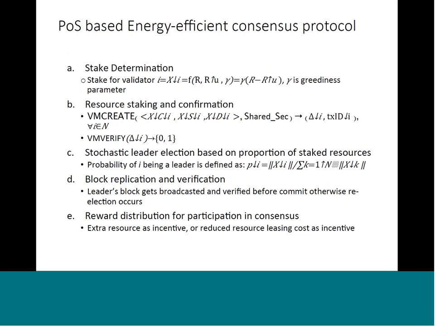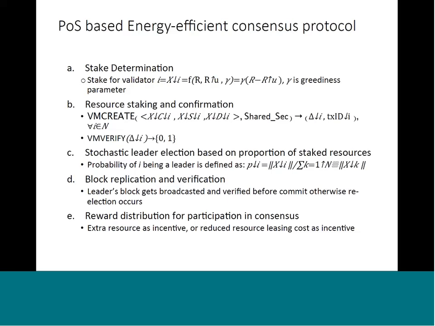And so we also came up with the greediness parameter, which is a weighted sum of the 3 components: do you want to stake your computing resources, memory resources, and networking resources? That was our initial model, and the idea was that the stake components for the validators would change over time as the consensus progresses.